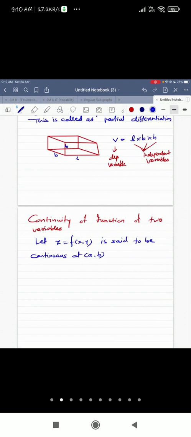Now, if you remember the definition of a continuous function for one variable, tell me, students, when we say that a function of one variable is continuous, what does it mean? If y equal to f(x) is a function and we want to check whether it is continuous at x equal to a or not, there are two conditions.